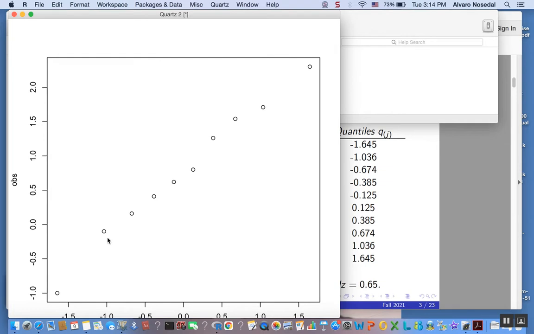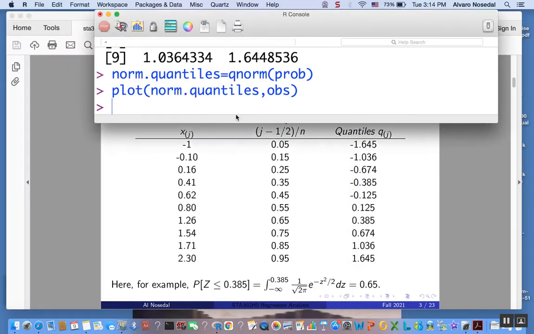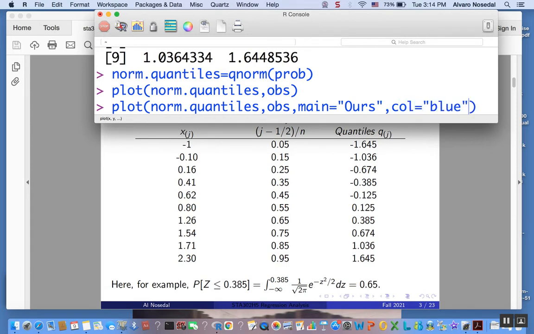Okay, now let me make it look nicer, something like this, a little bit of bells and whistles. Let me add a title, main, hours. Let me add a color, blue.